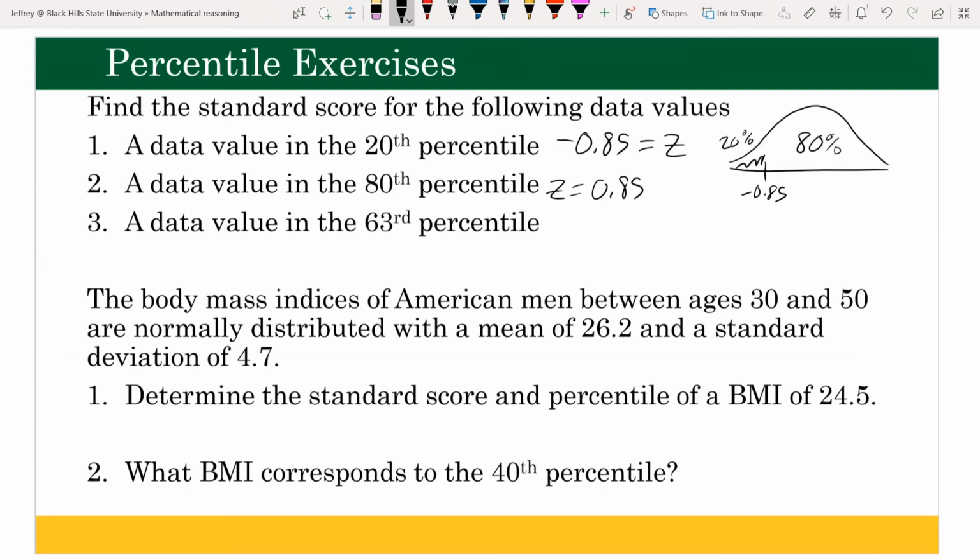If I was to flip this around, notice that I basically end up with 80% in the left tail and then 20% in the right tail, and this is just positive 0.85. And again, this works because of the symmetry in the normal distribution.